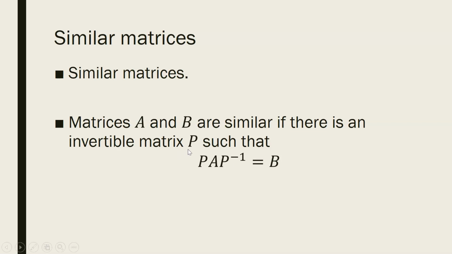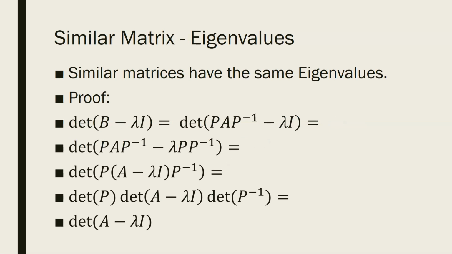So basically, if we can find an invertible matrix that I multiply on the left by that matrix and on the right by the inverse of that matrix, then A and B are similar. Now, the interesting thing about similar matrices is that they have the same eigenvalues, okay? So you can prove that.